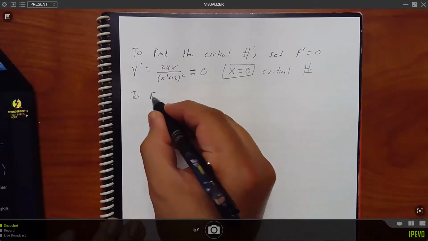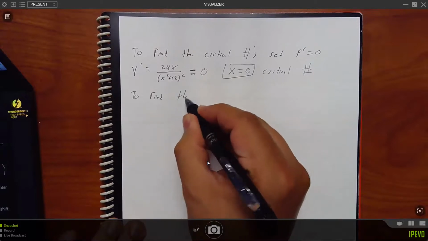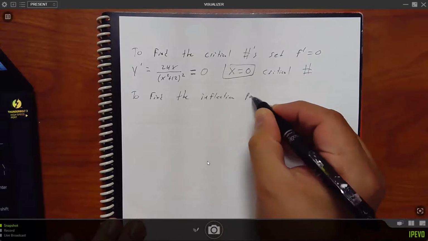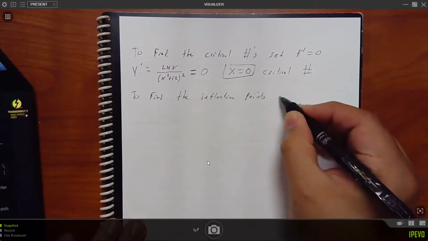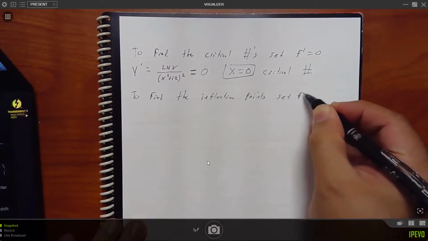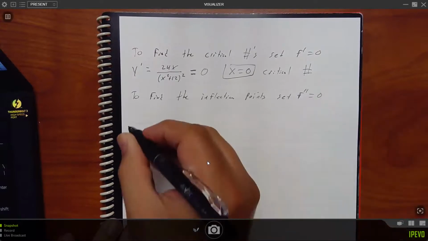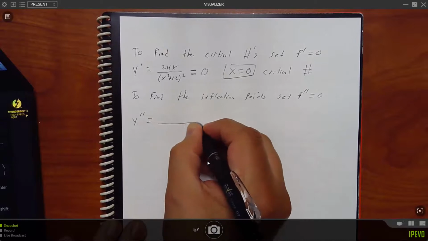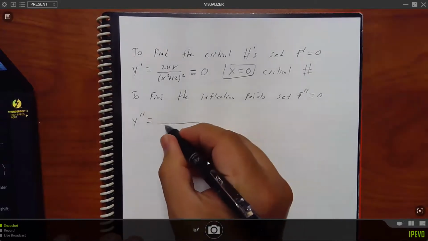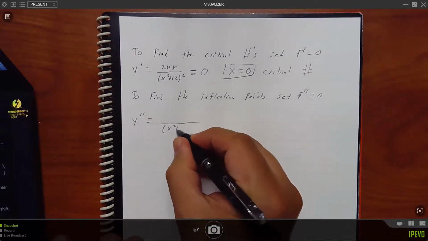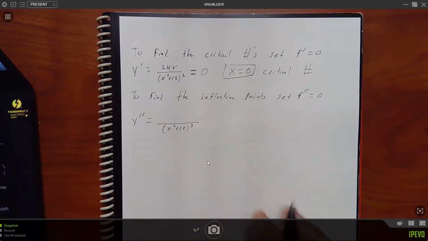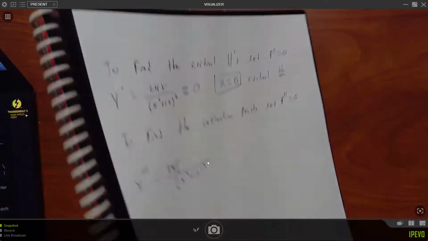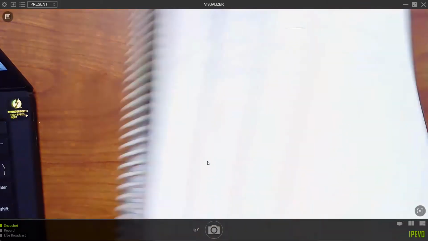To find the inflection points, set the second derivative equal to 0. The second derivative is equal to, let's see, I already forgot what it was. Got 24 in the front. x squared minus 4x plus 12.